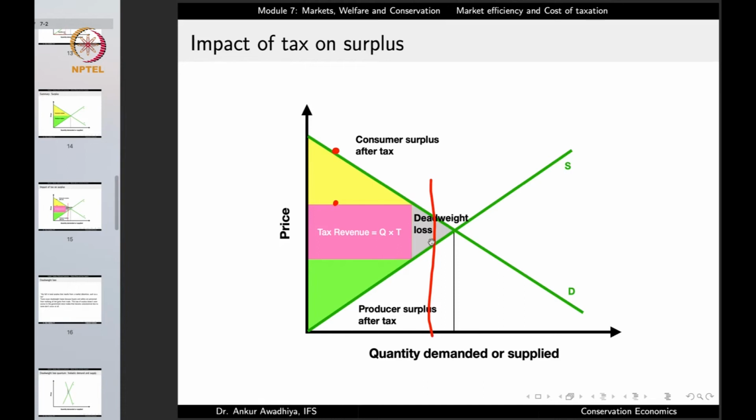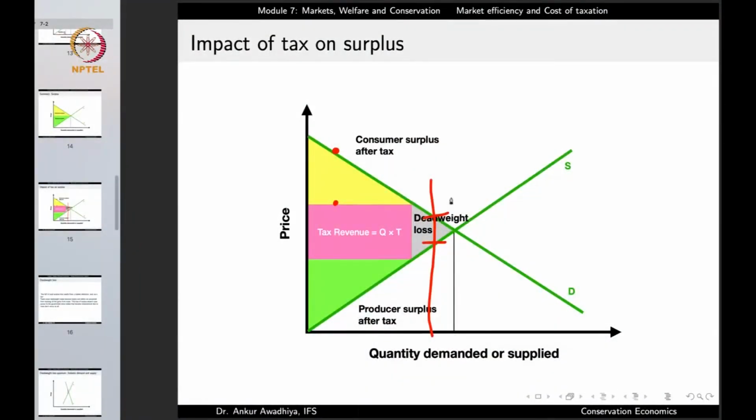Where the line touches the supply curve was the cost to the seller to produce the good. And where this red line touches the demand curve is the value that people were putting on this particular good. So we have a situation where the value to the buyer is greater than the cost to the seller.